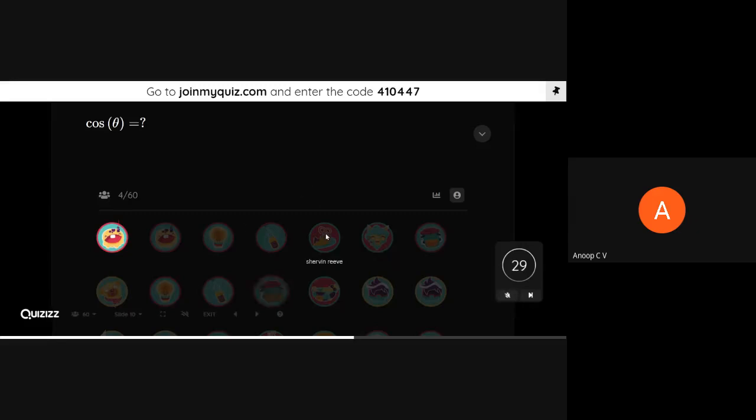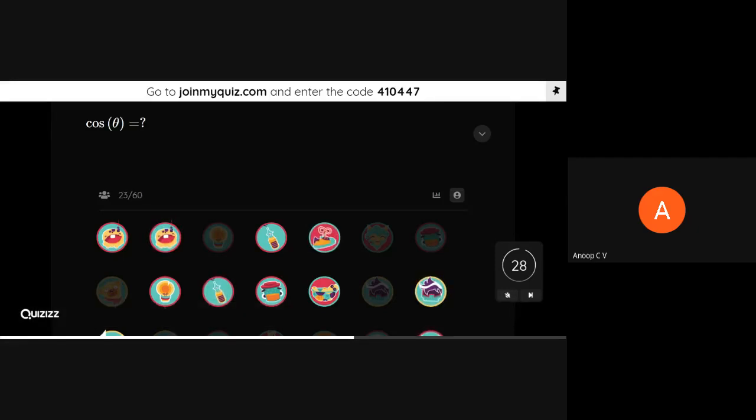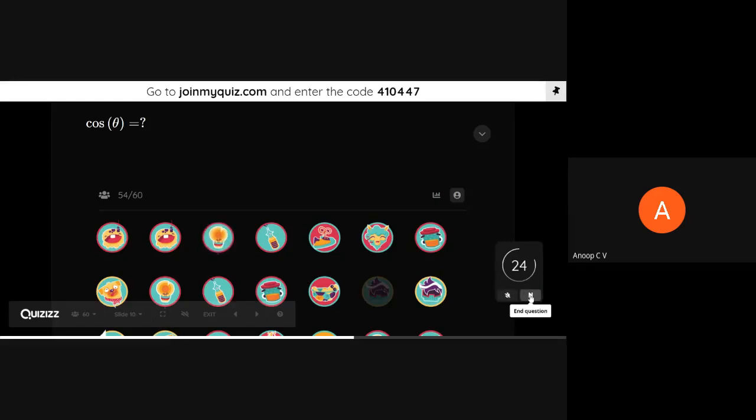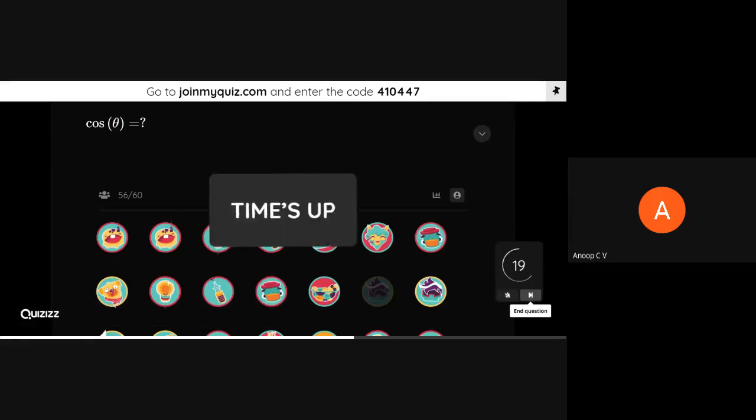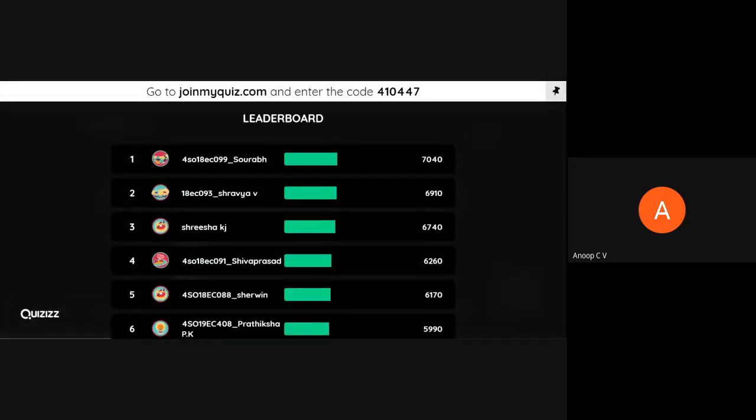So how can I represent cos theta in terms of complex exponentials? Cos theta is... Okay, let's see how many have given the correct answer.